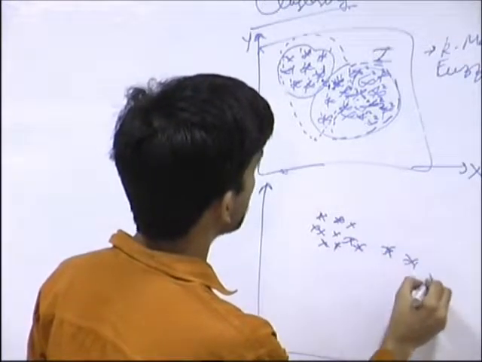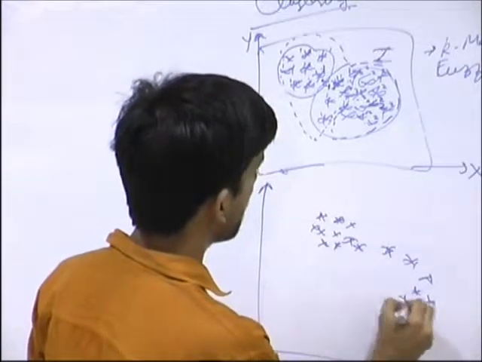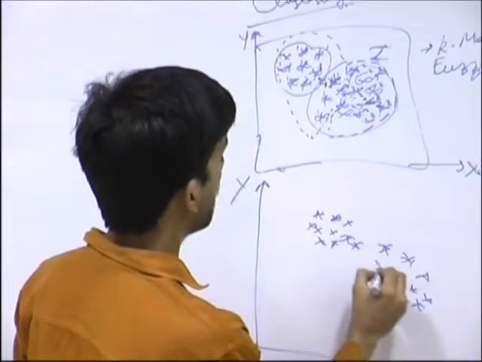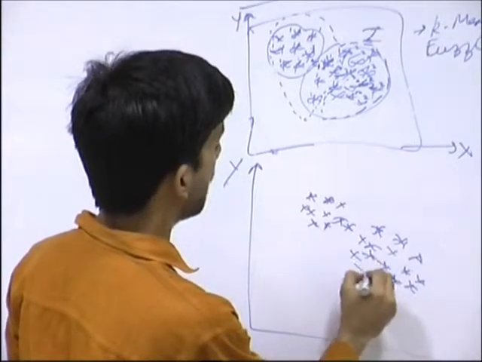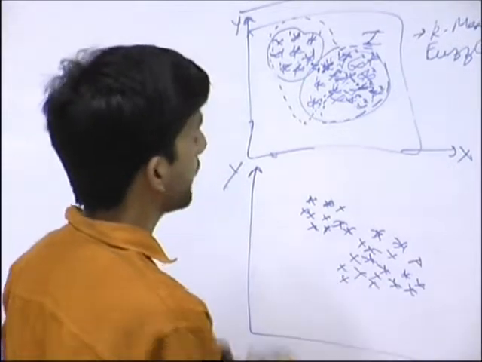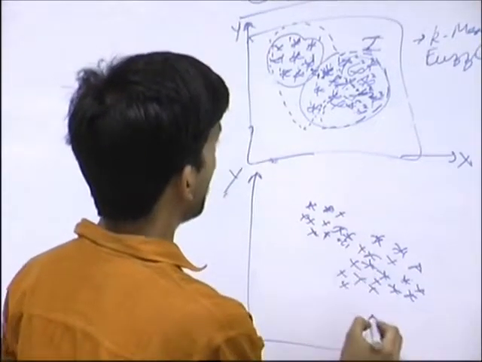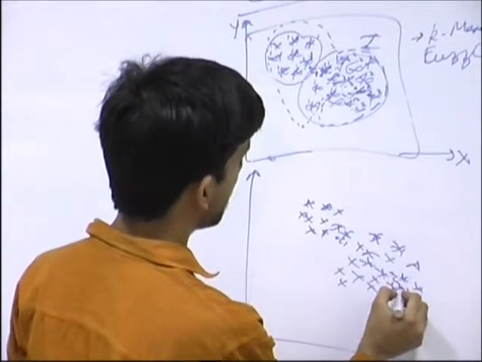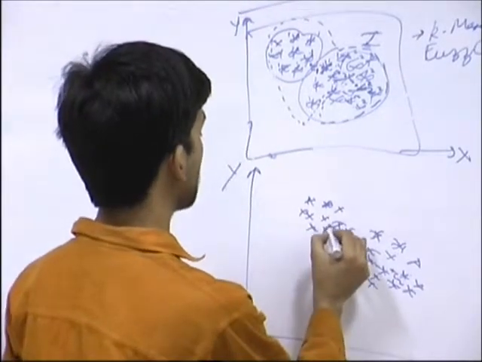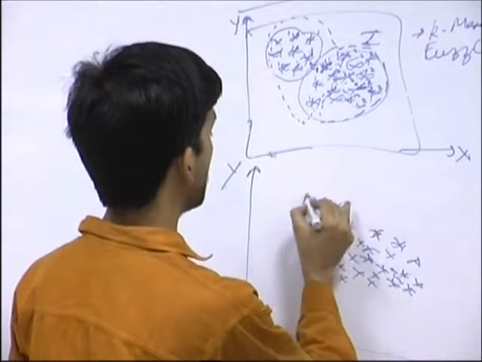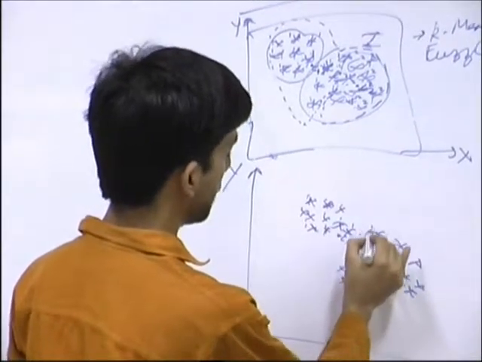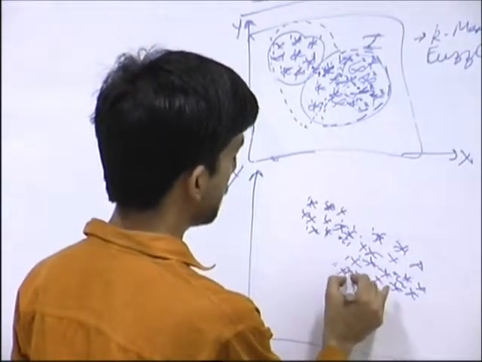Let's say this was the actual space that I was working upon. My C1 is located somewhere over here and my C2 is located somewhere over here. I again try to cluster these. So it's all 1 over here, it's 1 over here, and it's 2 over here.